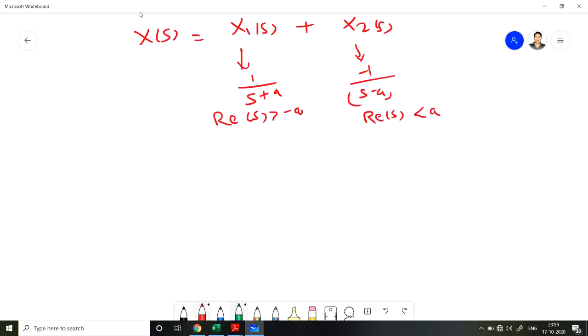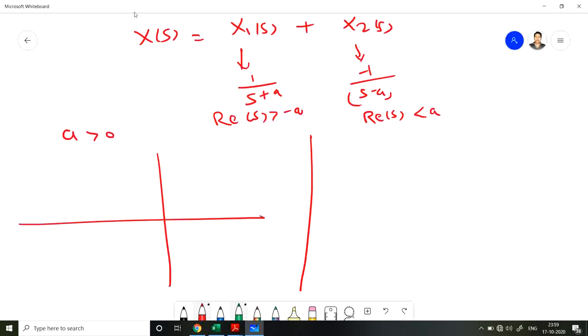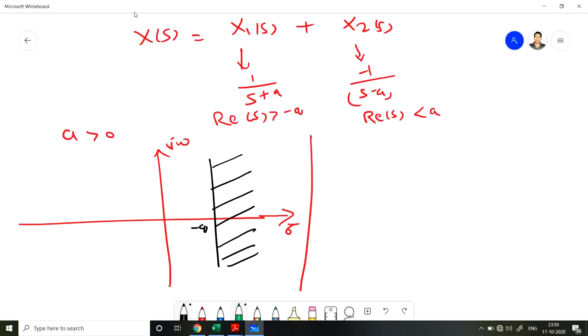Now let us take both cases. So for a, now take a greater than 0 and find out the ROC of X(s), that is the common ROC. Our task is to find out the common ROC. So first when we are considering a greater than 0, then a greater than 0 means here we have minus a, and it is real part of s greater than minus a means this is the ROC for this part X1(s).